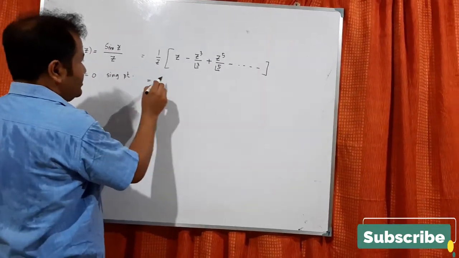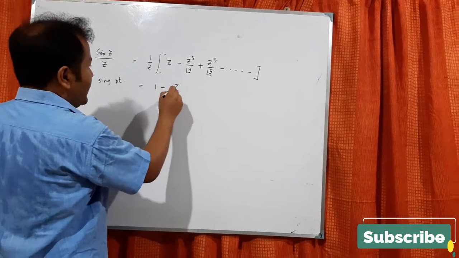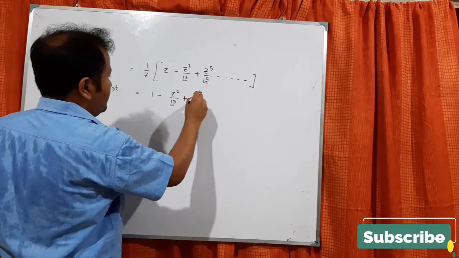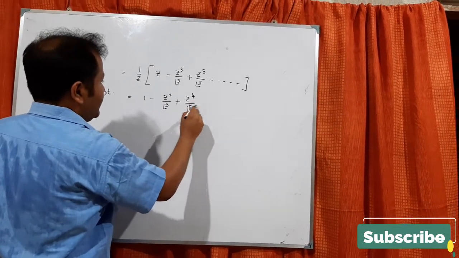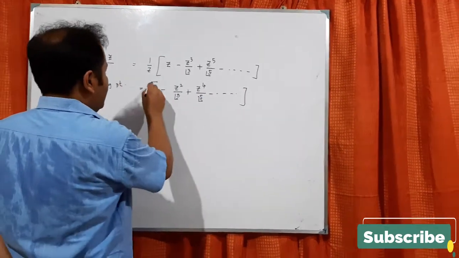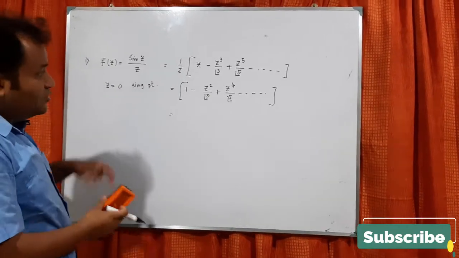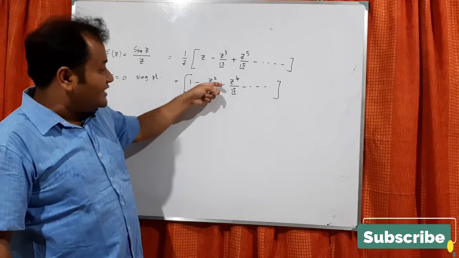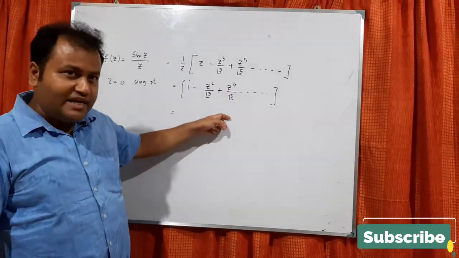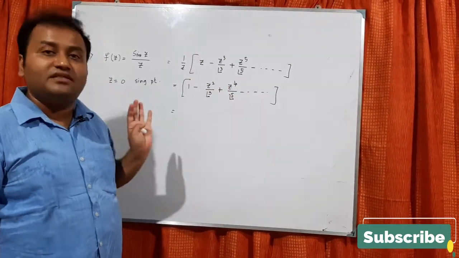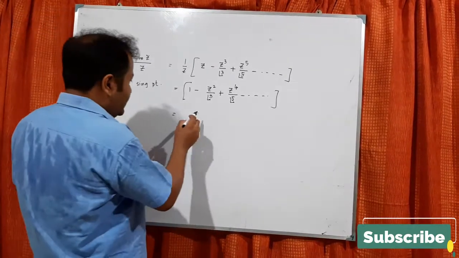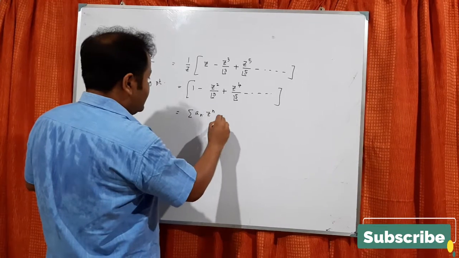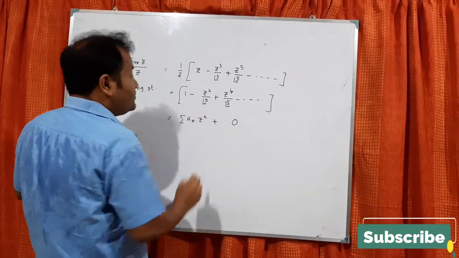So if I just simplify, it should be 1 minus z square by 3 factorial plus z to the power 4 by 5 factorial and so on. Now in this series we have seen that all the powers are positive, there is nothing like 1 by z or 1 by z square. So here it can be written basically as summation a_n z to the power n, plus there is no principal part.